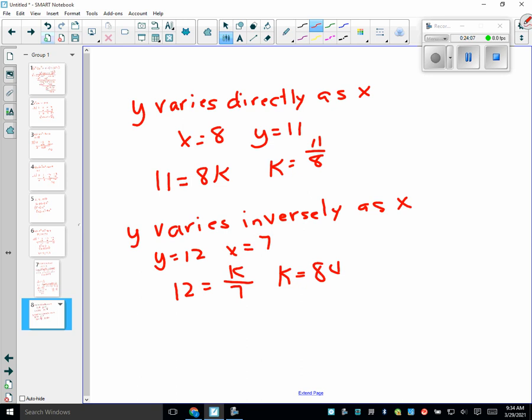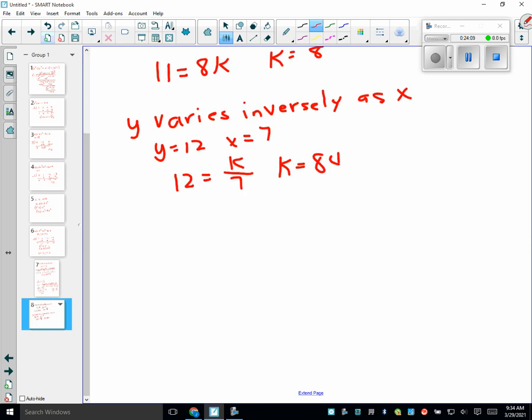And the last one is y varies jointly as w and x.